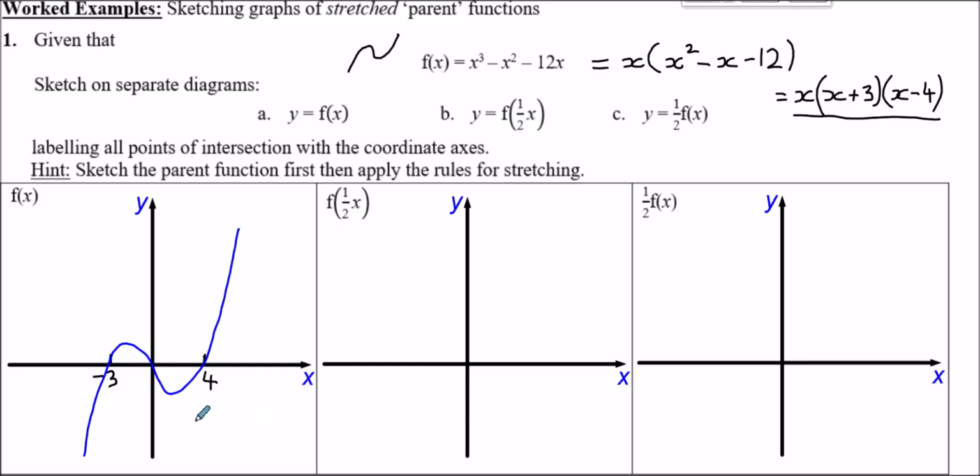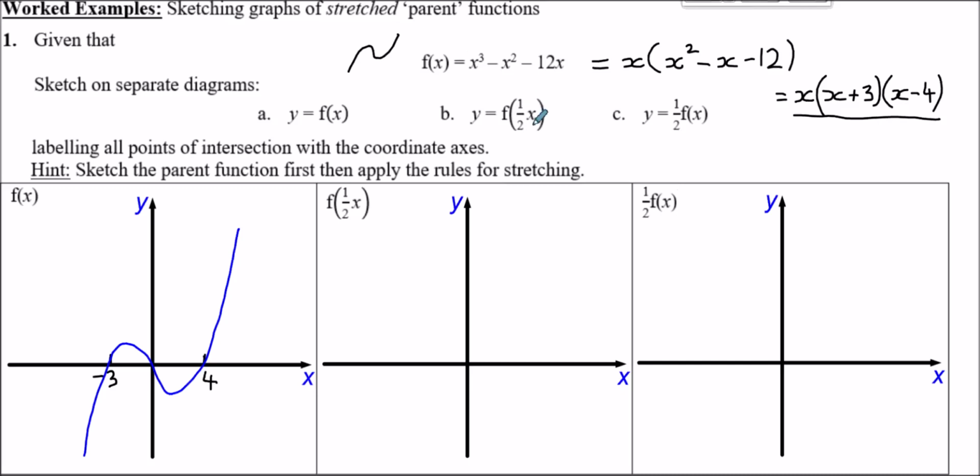Now, we've done this. We don't need to bother algebraically with any more manipulation. We can use what we've talked about previously to work out what f of half of x would look like. This change here, the x has changed to half of x, so it's the inside of the brackets which has changed. Because it's the inside of the brackets, it affects x in an obvious common sense way.